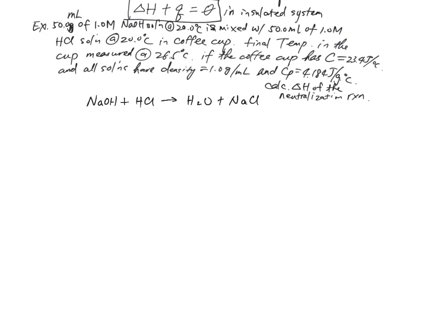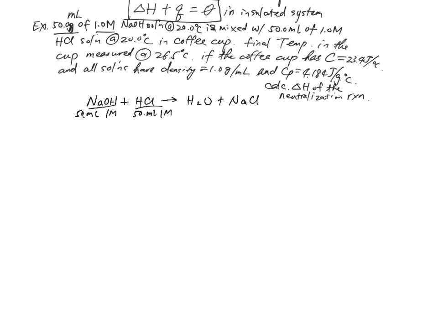Now, what happened? I have 50 milliliter of 1 molar NaOH and 50 milliliter of 1 molar HCl. Now, you don't need me to tell you that this obviously is not a limiting reagent situation, right?